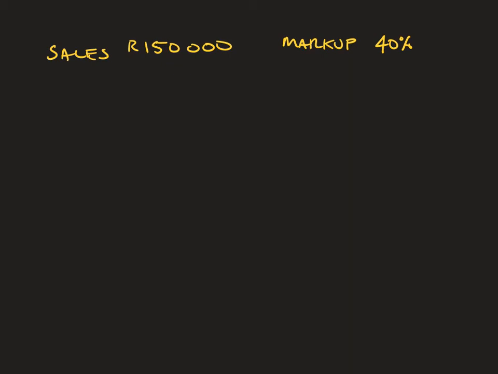Say, for example, that we had sales of 150,000 rands. Perhaps it's clothing that we've sold. And the clothing is marked up by 40%. To calculate the cost of sales, we're going to start with the sales price. And then the slightly harder part, we're going to take the markup and add it to the original price, which we're going to call 100%.